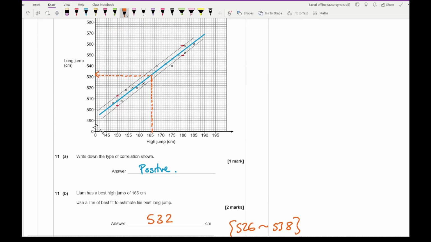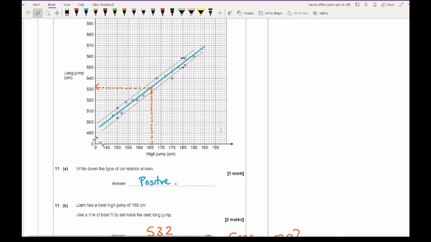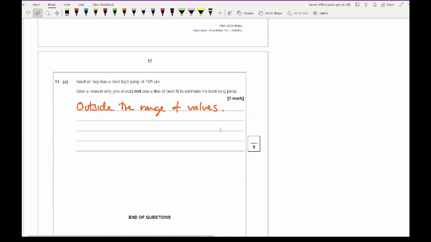So anywhere between, I would say, 147 and 158 would be acceptable to use a line of best fit. Anything outside that range is not going to be appropriate for this. And a more mathematical word is extrapolation. And there we go.